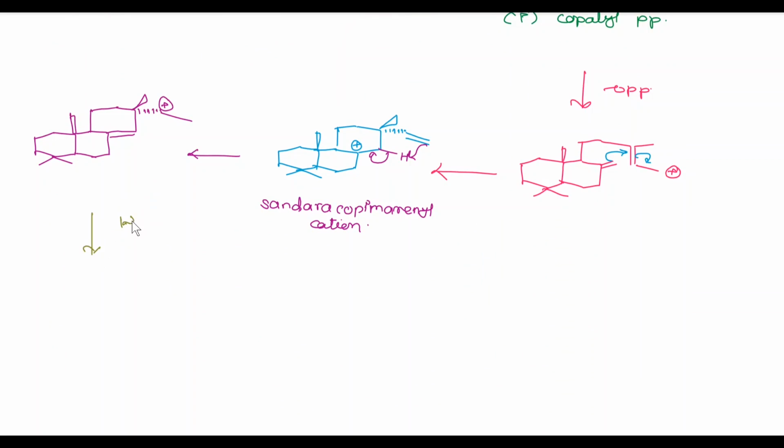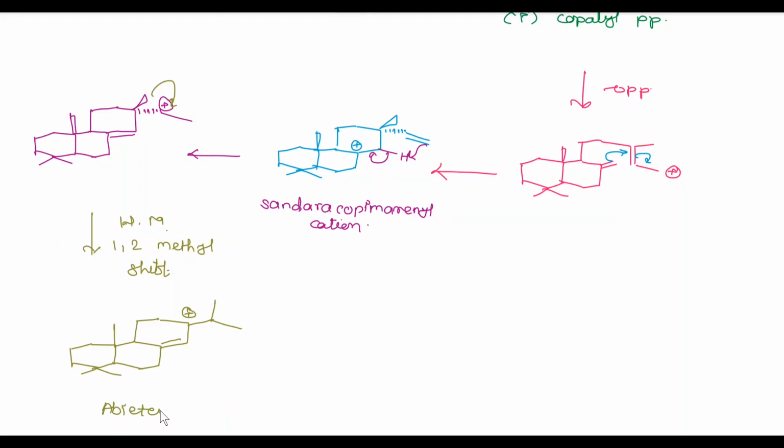In the next step, a 1,2 methyl shift takes place on this carbocation and we get a new cation. Here is methyl and here positive charge, and this cation is called abietinyl cation.